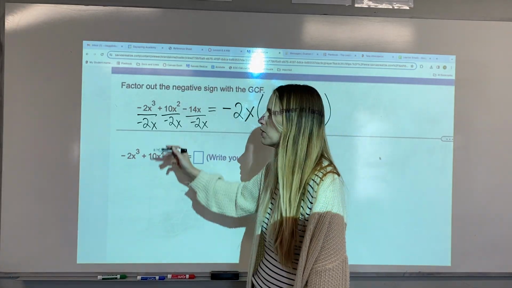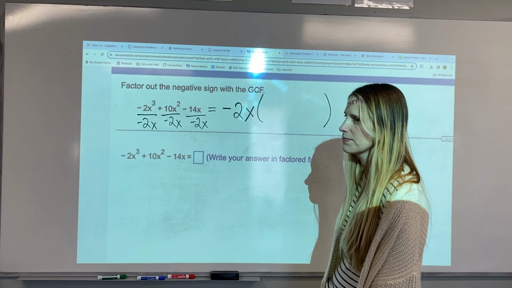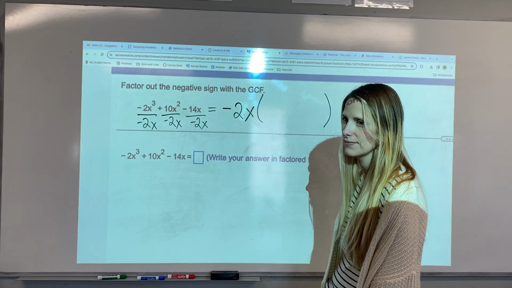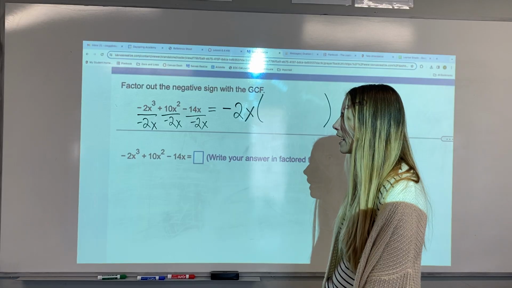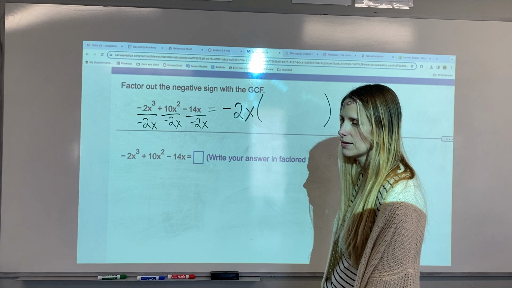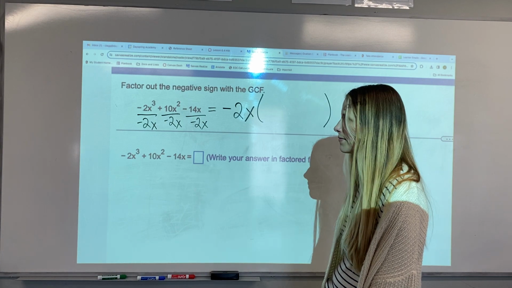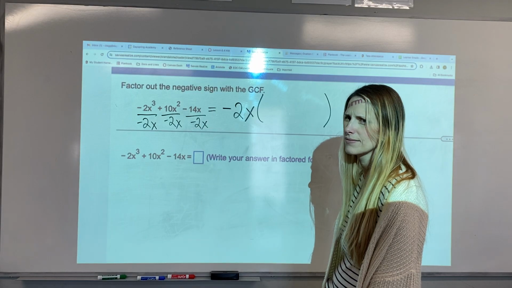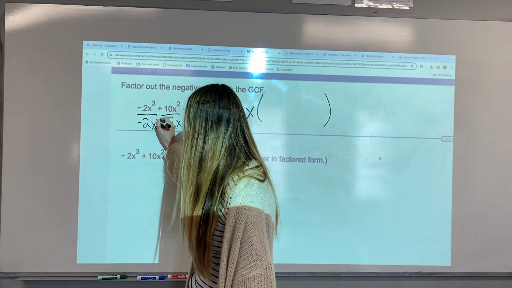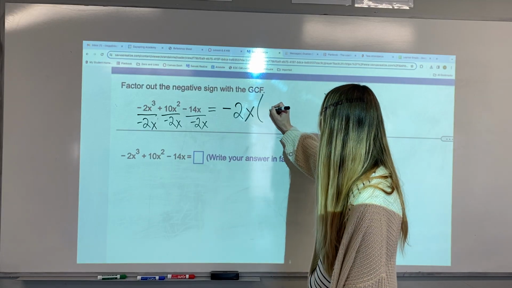So what's x cubed divided by x? X. 1x. What's x cubed divided by x? Oh, negative 1, negative x. X cubed. 2x. Would it help if I did this? What's x cubed divided by x? Oh, x to the first? Second power. Thank you. X to the second power.